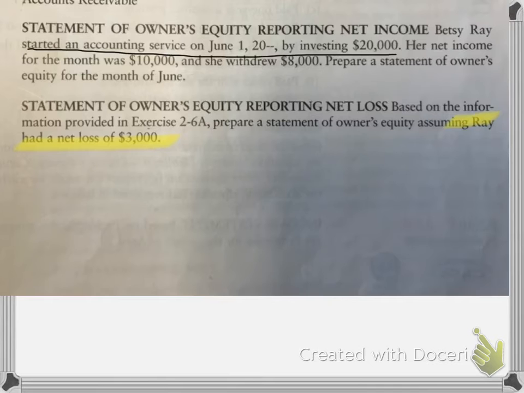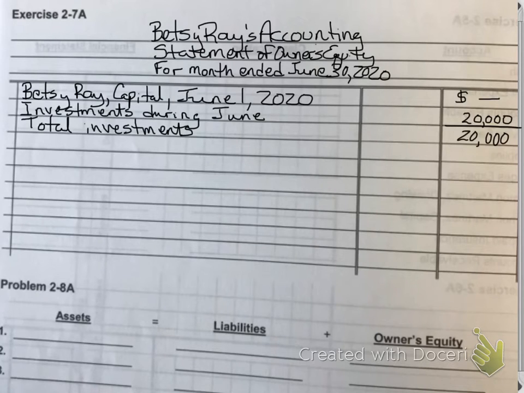What impact does a net loss have on the capital balance? It causes a decrease. And if you also remember, withdrawals cause a decrease. So our two items here are going to cause decreases to the capital balance.